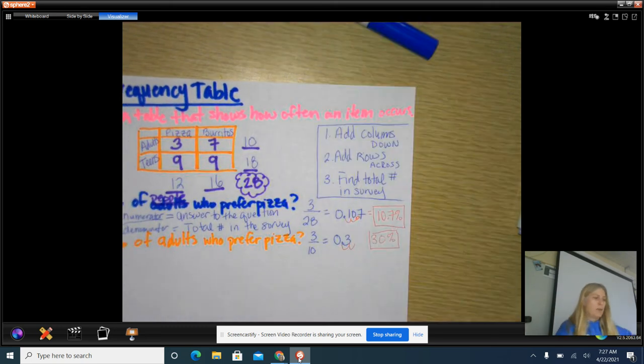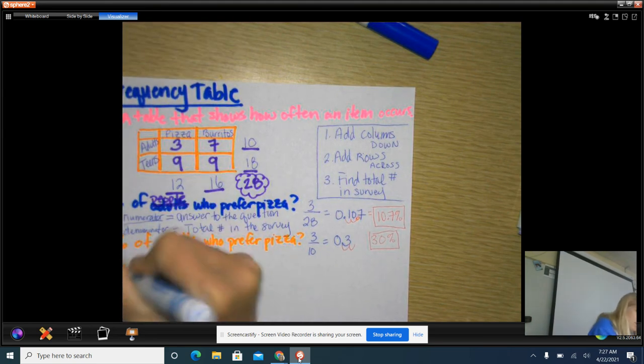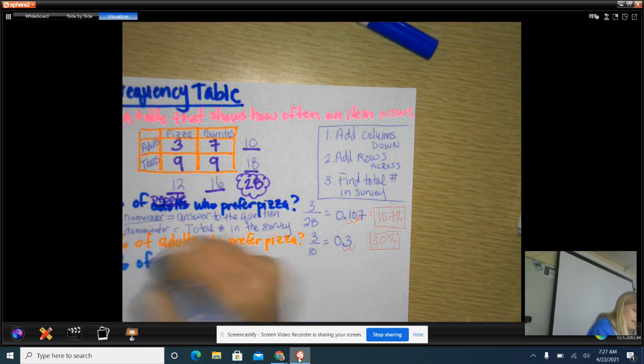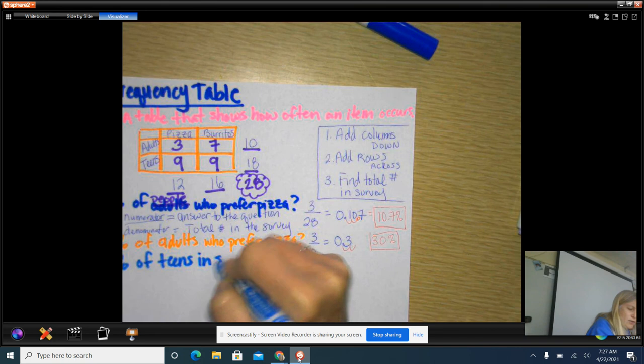Okay, let's go ahead and look at a third question. The percent of teens in the survey.